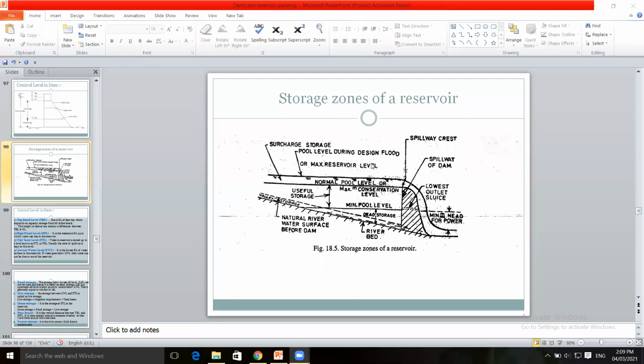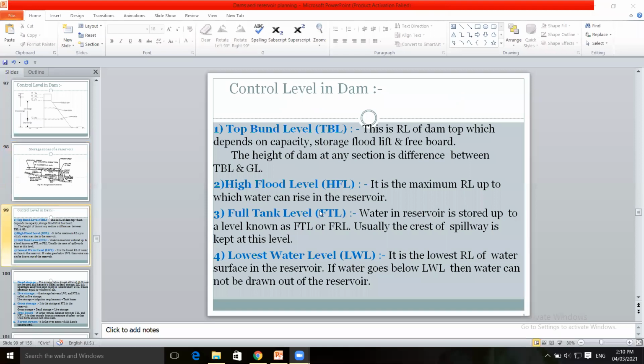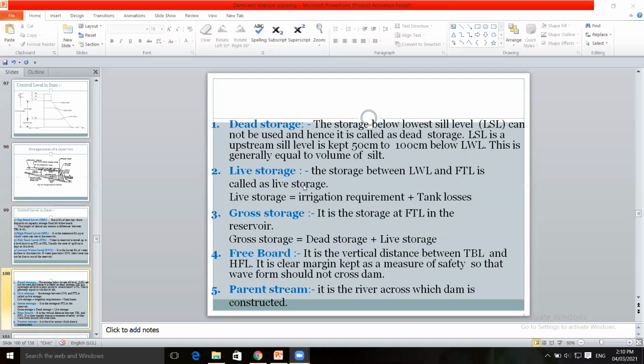Different storage zones of the reservoir like maximum reservoir level, normal pool level or maximum conservation level, then minimum pool level, day storage, useful storage, surcharge storage, valley storage. These are the various storage zones of the reservoir that you have seen in the last lecture.